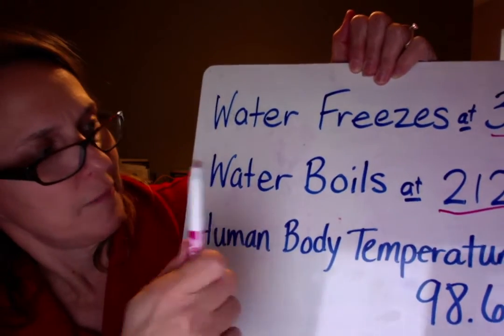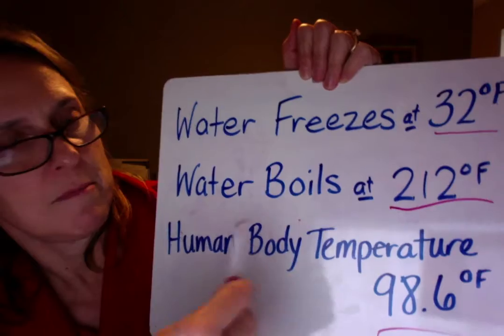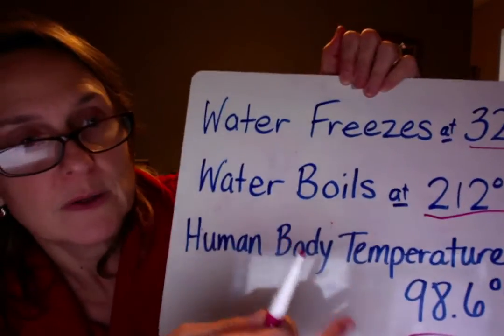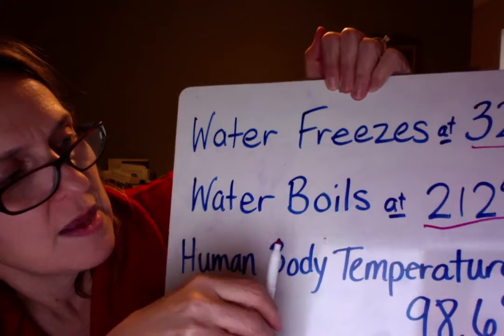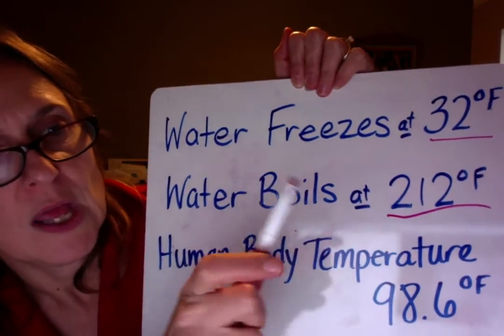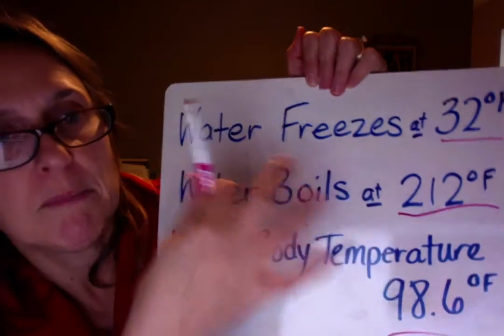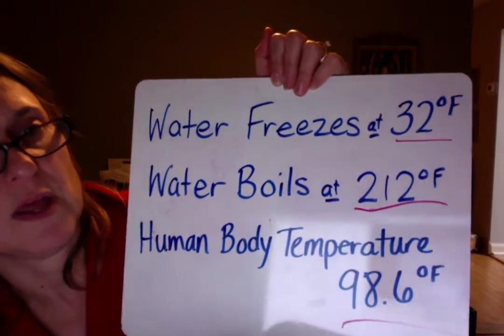And then what if it gets above 32? That ice cube is going to melt and become liquid, the water you would drink, liquid. And then what if I put that water in a pot and put it on the stove, and I wanted that water to boil and bubble up? Well, I would have to get that to 212 degrees Fahrenheit for that to happen.